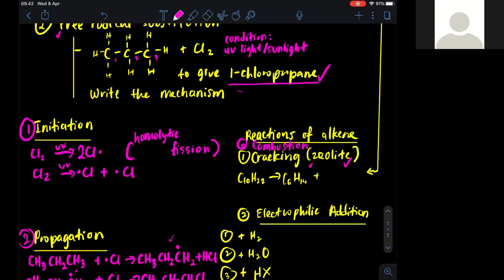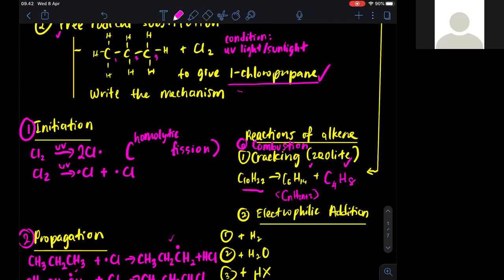For example, if you have C10H22, you can crack it using zeolite to give you C6H14 plus what? Victoria, can you help to answer? C what? C4H8. Okay. Can you tell me, C6H14, is it alkane or alkene? This is CnH2n+2, right?